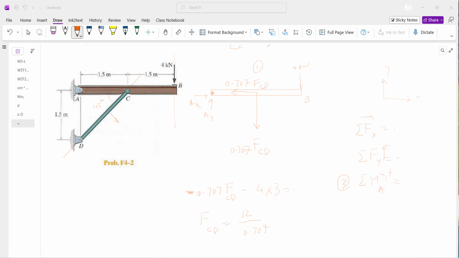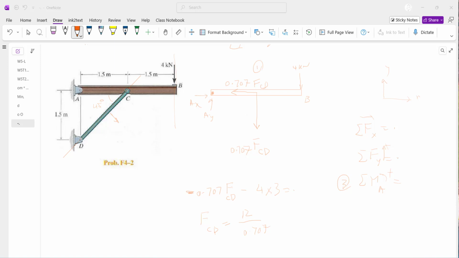So what does that mean? You have to reverse your assumption. We initially assumed that this force was in tension, but the reality is this force is in compression, and that's not difficult to visualize. When you push this down, that bracket or this link is holding a compressive load, right?